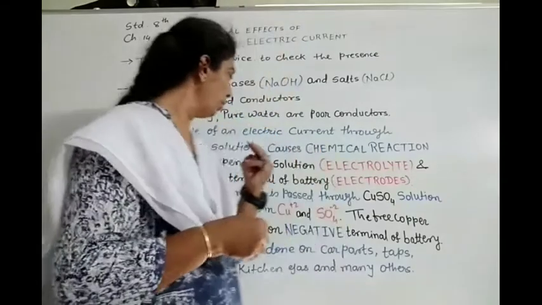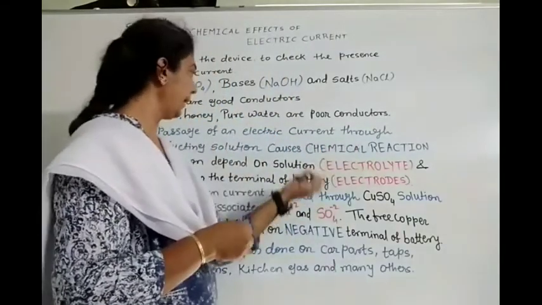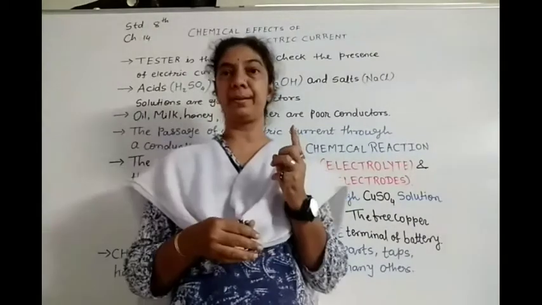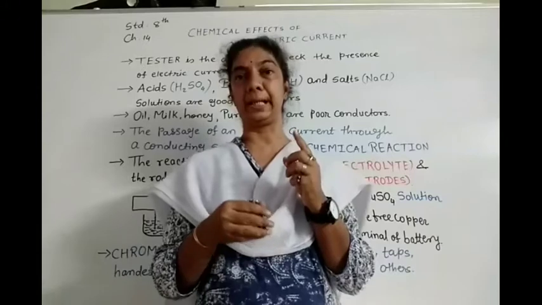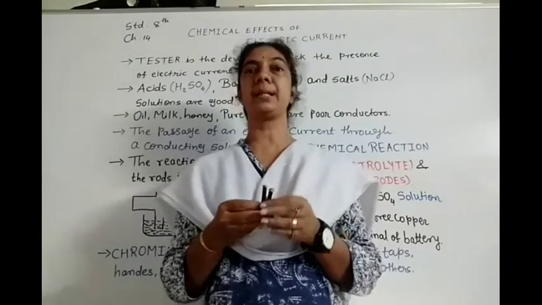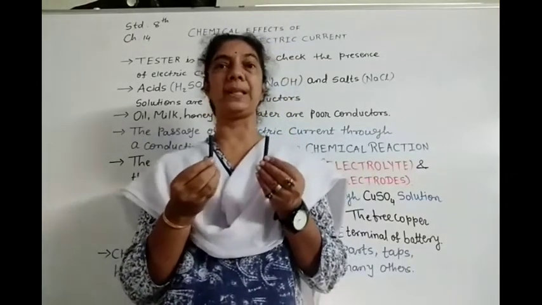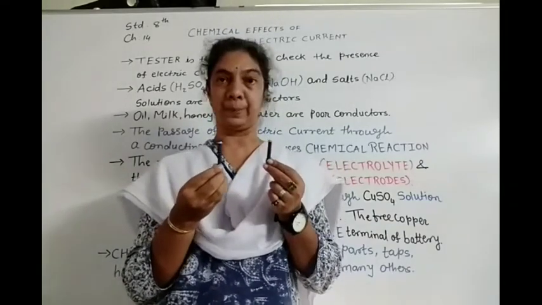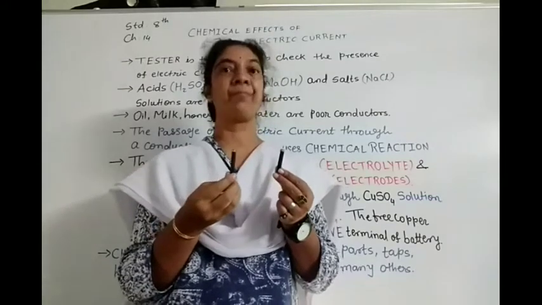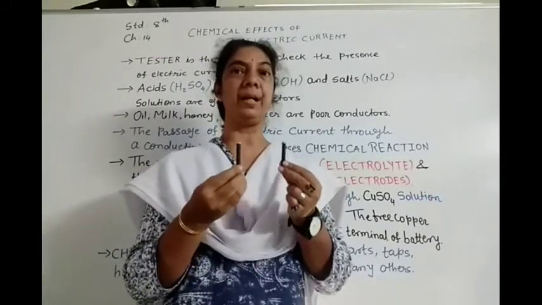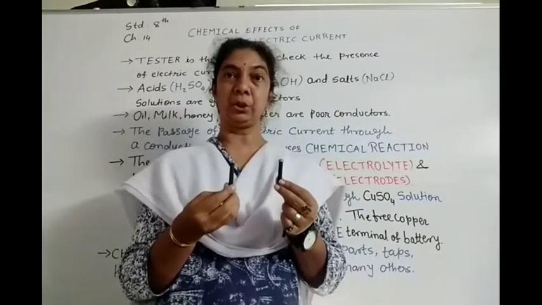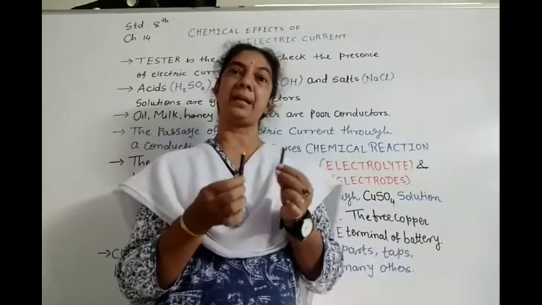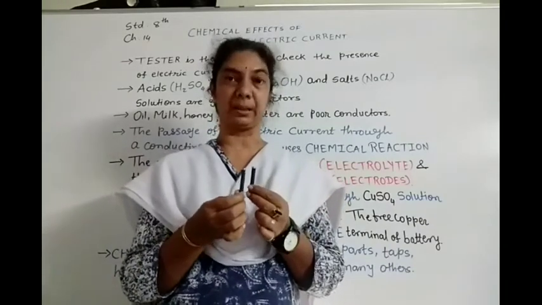Right? So, for getting a chemical reaction through electric current, we need an electrolyte and we should have electrodes. It is not necessary that every time you should have these carbon rods. Instead of this, you can use two copper plates, zinc plates, or you can use iron nails also. So the electrodes and electrolyte determine how the chemical reaction will occur.